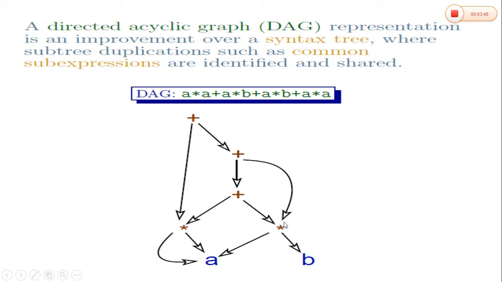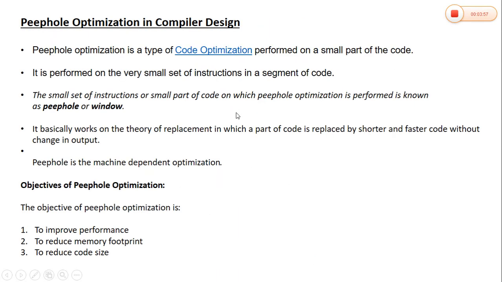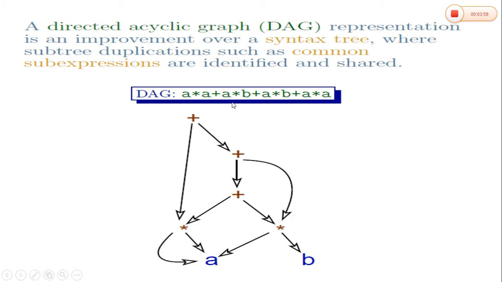So this is the result of A asterisk A. This node is representing A asterisk B. So they both are added. So this node is representing this expression A asterisk A plus A asterisk B. Next expression is A asterisk B is again added. So to this node, the value of this node is again added.